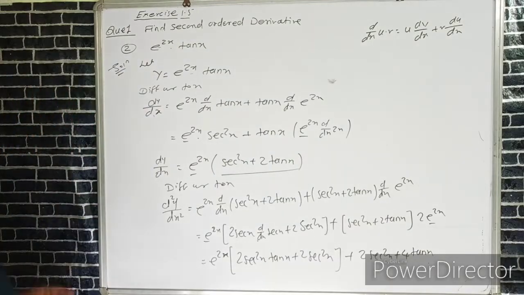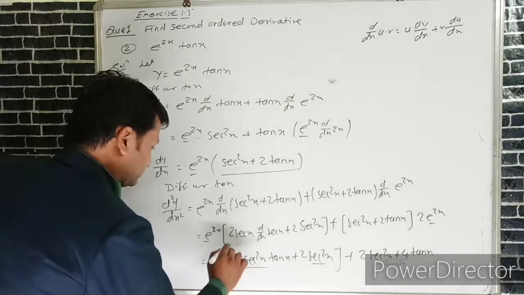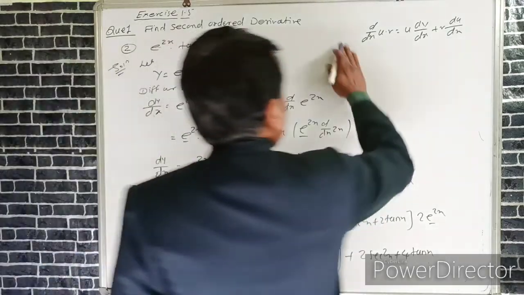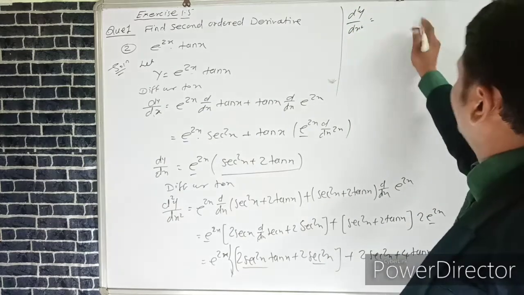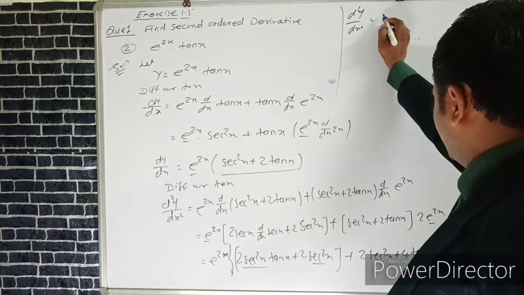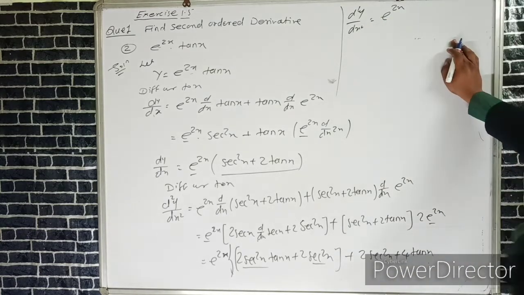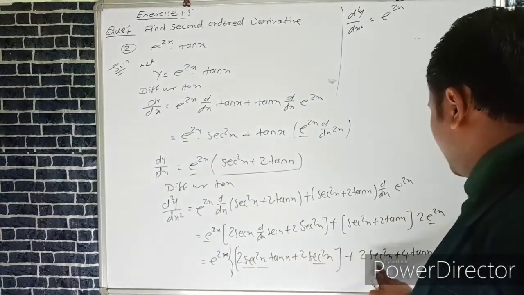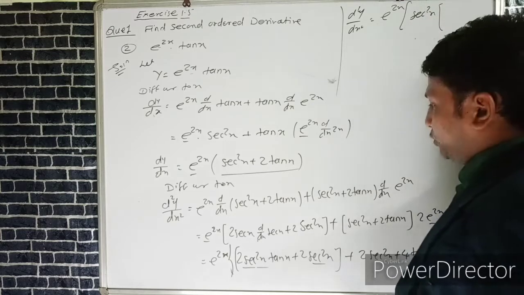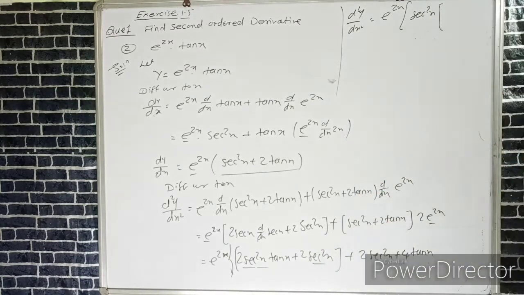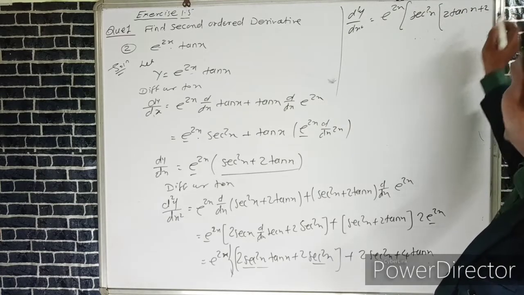So if we take sec square x common from these terms, we can write d2y upon dx square is equal to e to the power 2x. Here if we take sec square x common from these three terms, we can write sec square x into 2 tan x plus 2.